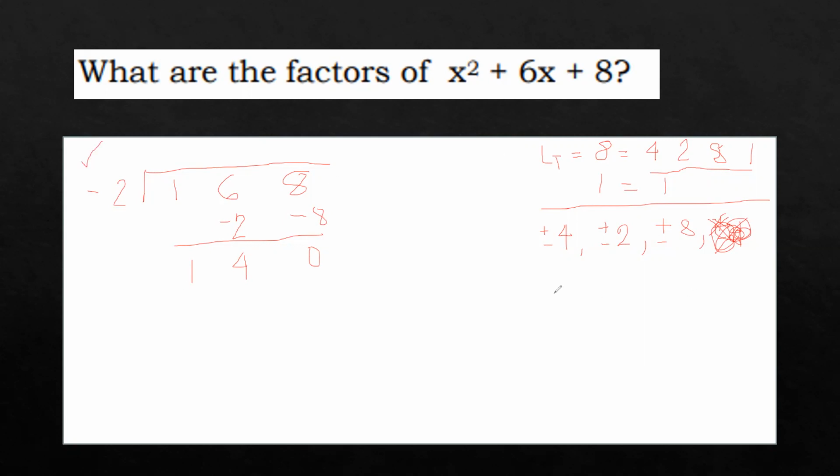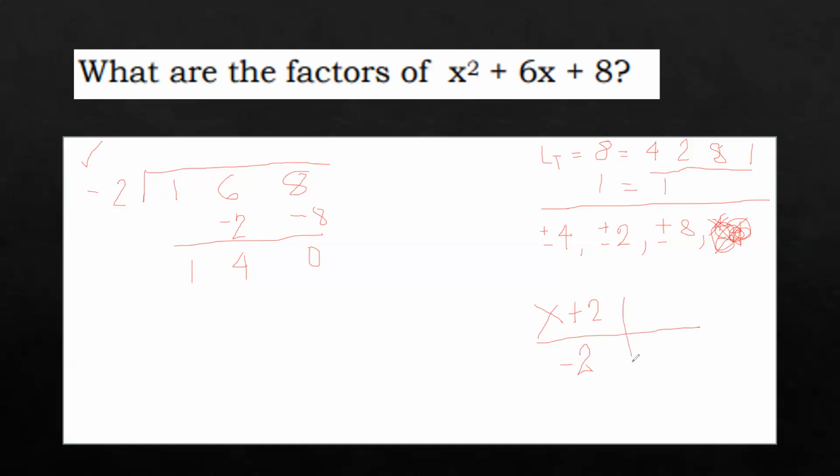Tama si negative 2. Ibig sabihin, ang ibig sabihin ng x na negative 2, the first factor will be x plus 2. Kasi ang value ng x natin, di ba, ito ay negative 2.